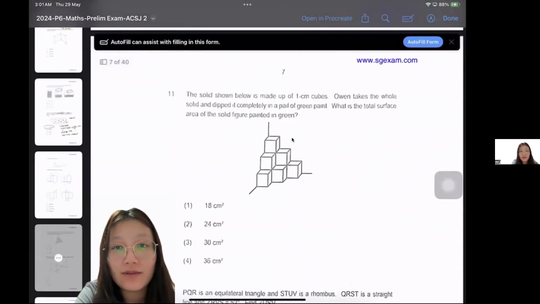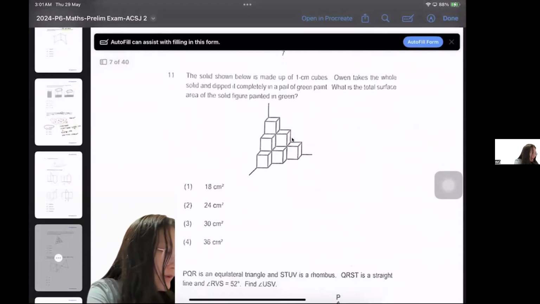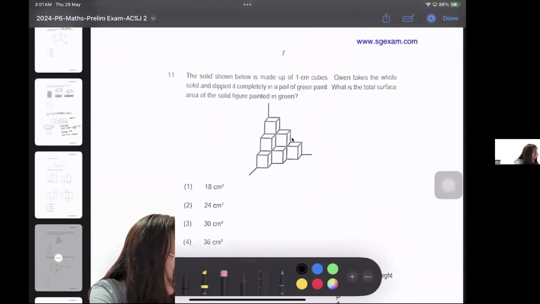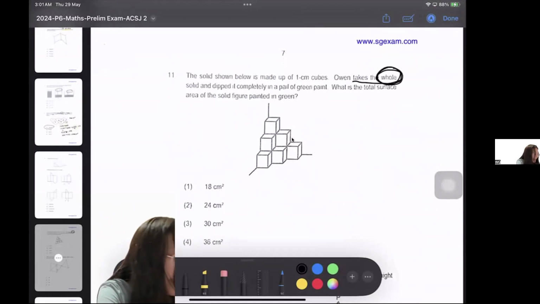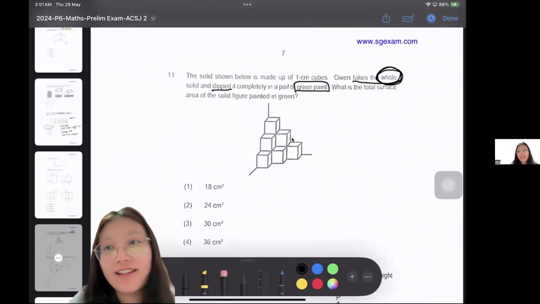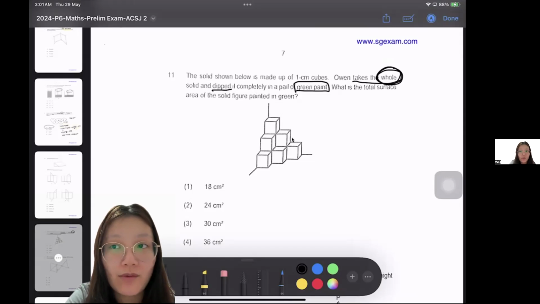Now, this one, remember, Owen took the solid, the whole solid. Do you see the word whole? So he took the whole solid and then he dipped it in green paint. What that means is that if he dips it in green paint, it won't only coat the outside part that you see, it also coats the part where it's touching the wall.